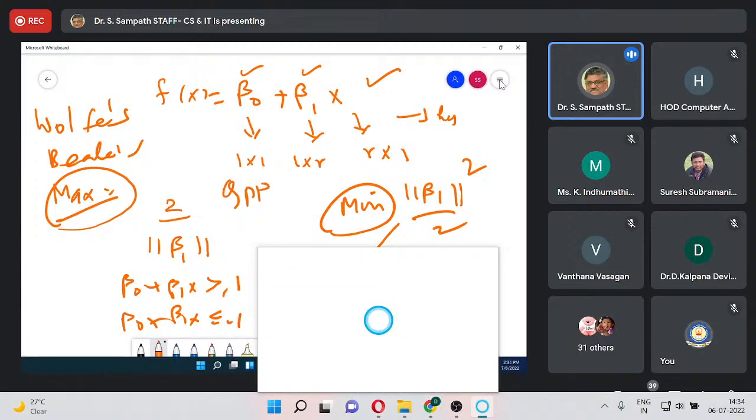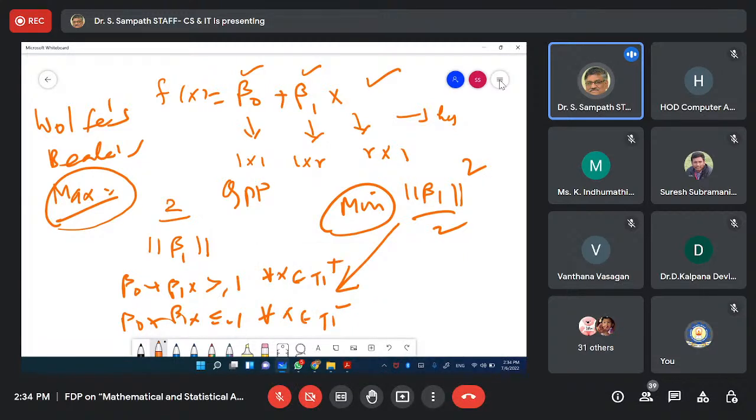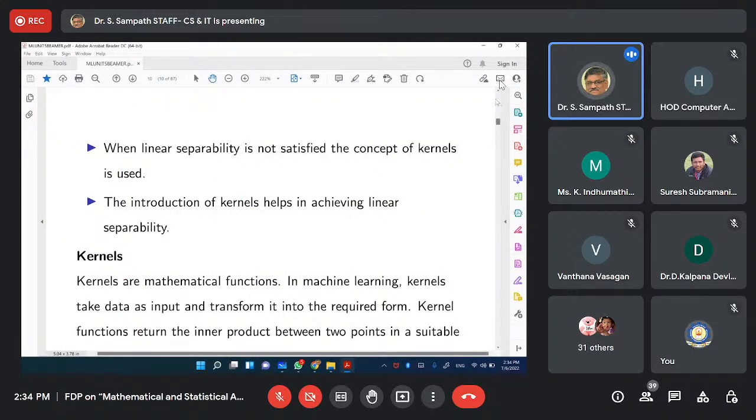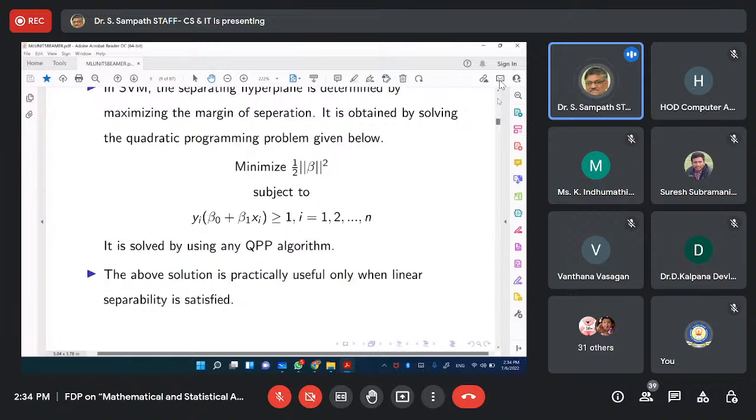Those who have studied non-linear optimization will understand this, but for a data scientist, it is not at all necessary. You can solve this and come up with the answer, and once you get that beta 1, you'll be able to get beta naught directly. It is a very, very long history. Now you have understood this solution will help us to get the support vector plane, in other words, the hyperplane.